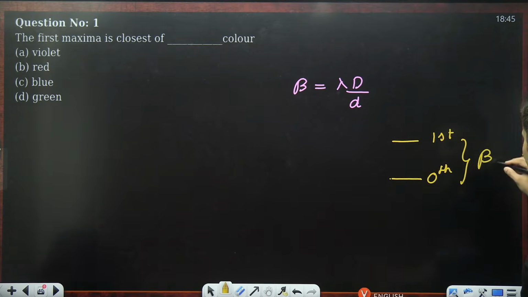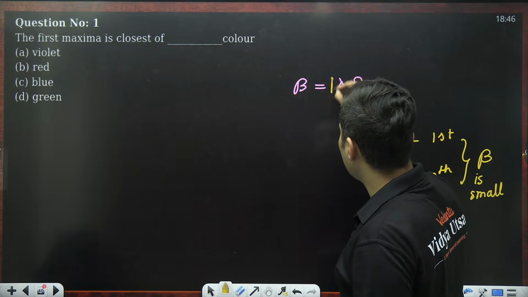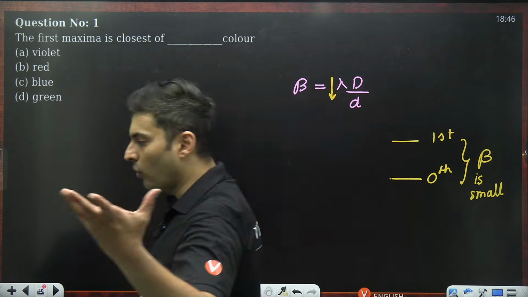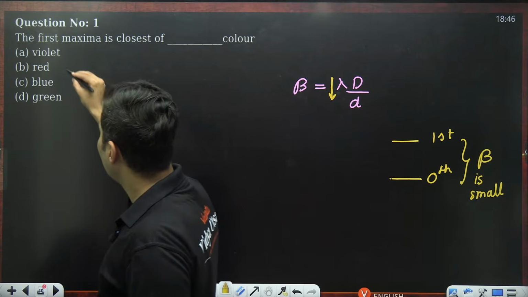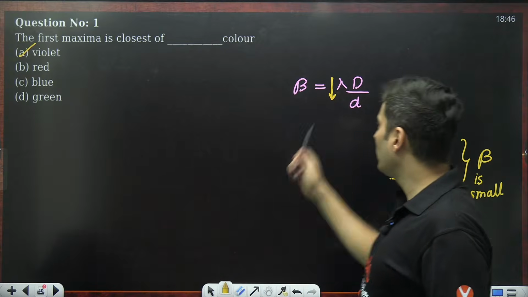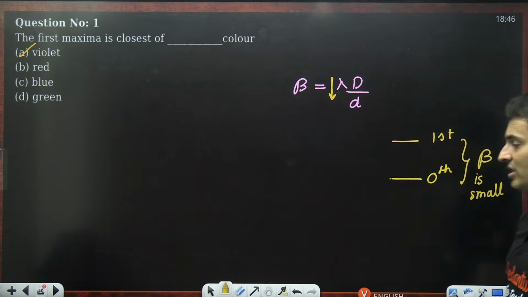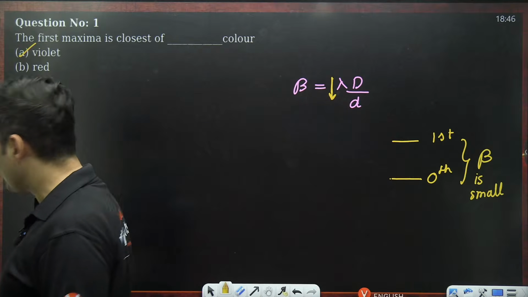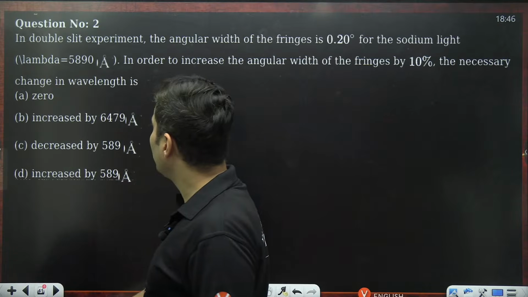So it will be the closest when beta is small. If beta is small, that means lambda is small. Now whose lambda is small? Obviously, it's violet. Violet has the smallest wavelength, so beta is smaller, and the first fringe is the closest to the 0th maxima. As simple as that. Moving on to the next one.